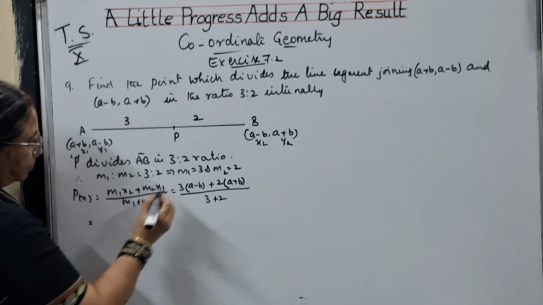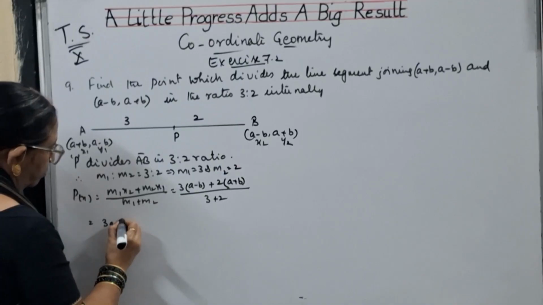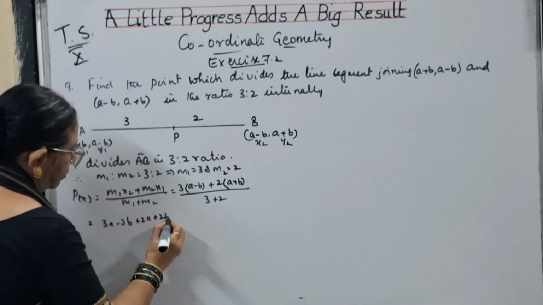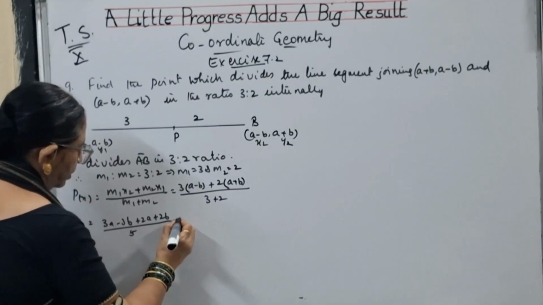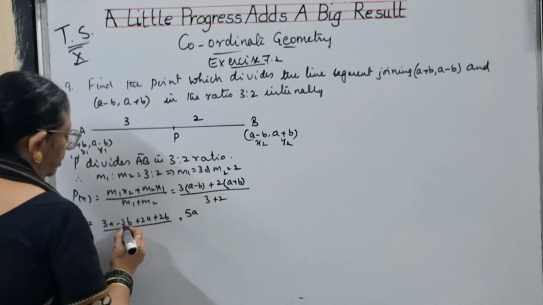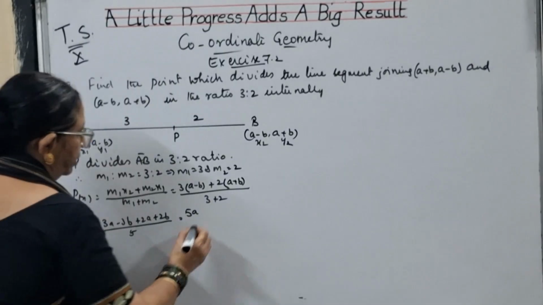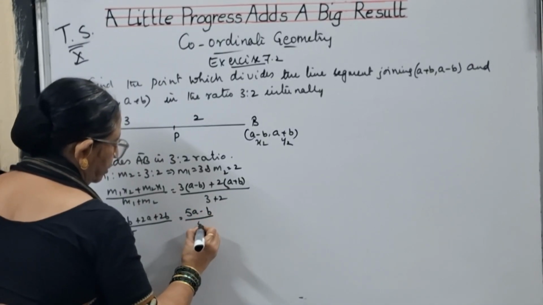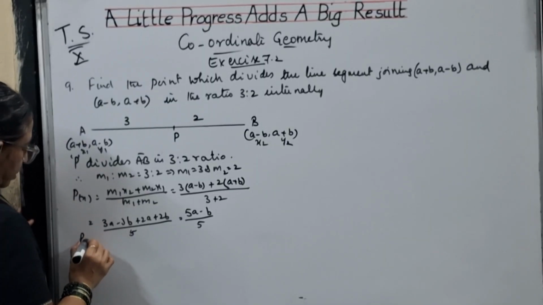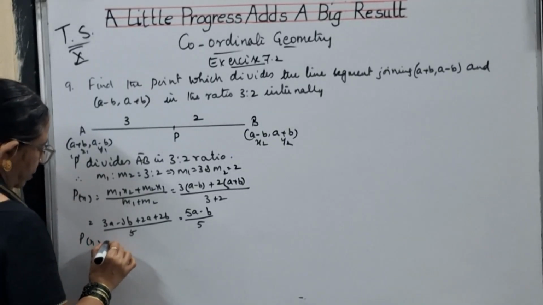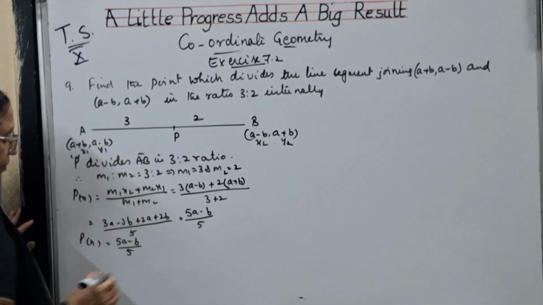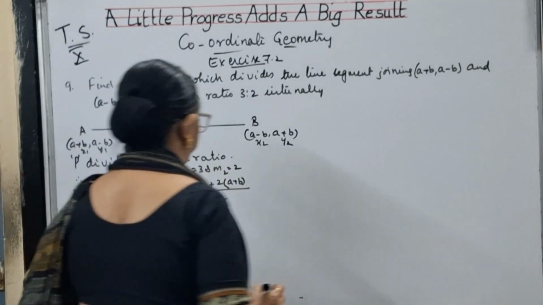That means (3a minus 3b plus 2a plus 2b) by 5. This means 3a plus 2a is 5a, minus 3b plus 2b is minus b, by 5. So, P of x is equal to (5a minus b) by 5. Now, let us go for P of y.